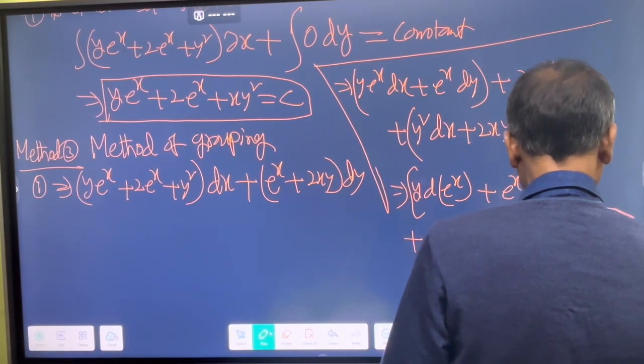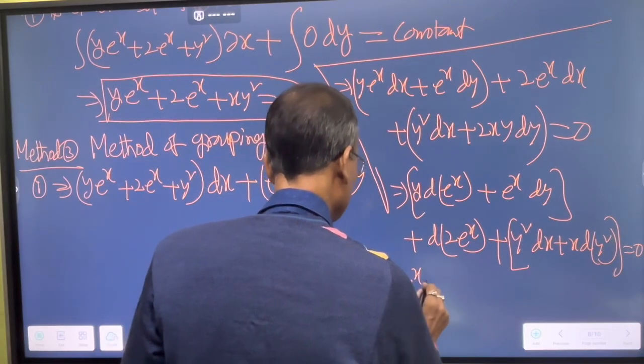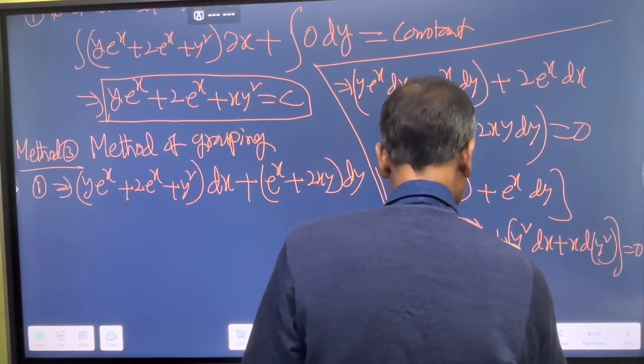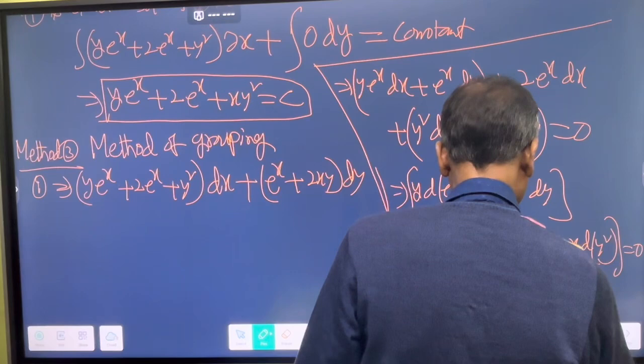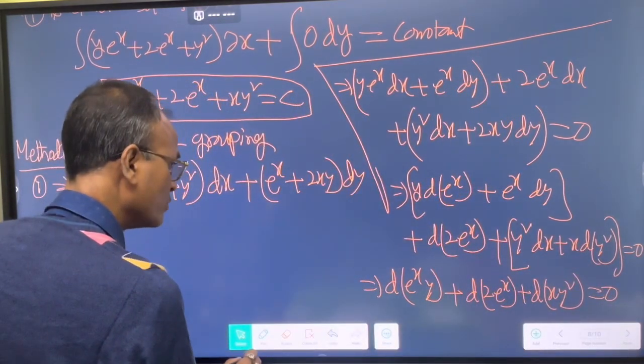This is equal to 0. Or d of e to the power x y plus d of twice e to the power x plus d of x y square equal to 0.